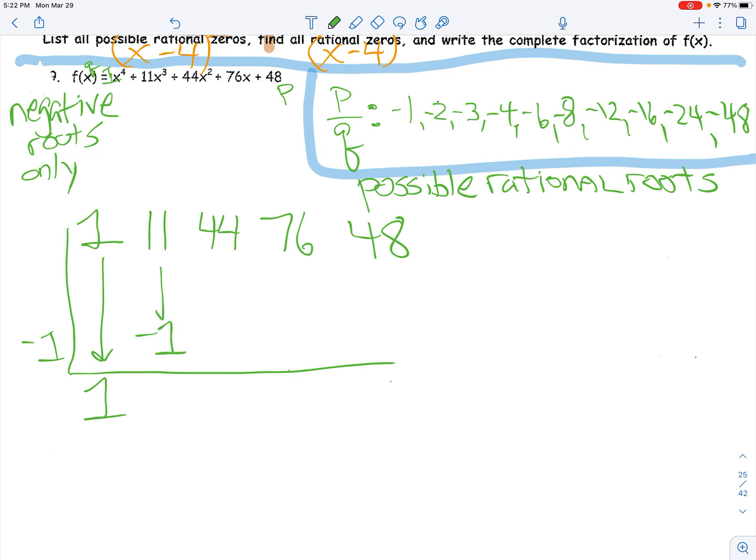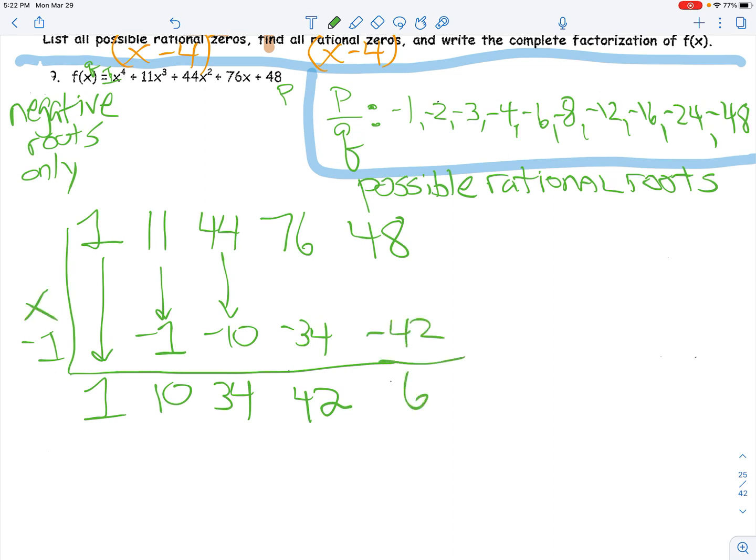All right, bring down the 1. 1 times negative 1 is negative 1, added to 11 is 10, times negative 1 is negative 10. 44 minus 10 is 34, times negative 1 is negative 34. 76 minus 34 is 42, times negative 1 is negative 42, so no. Negative 1 is not a root.